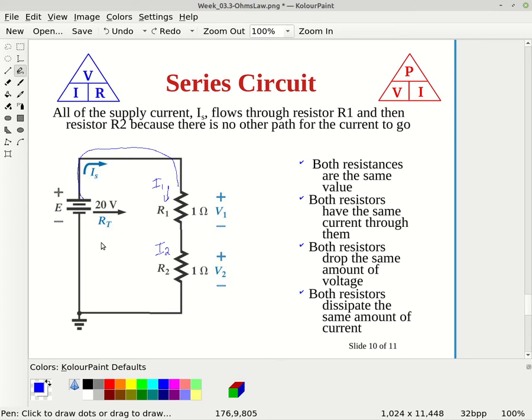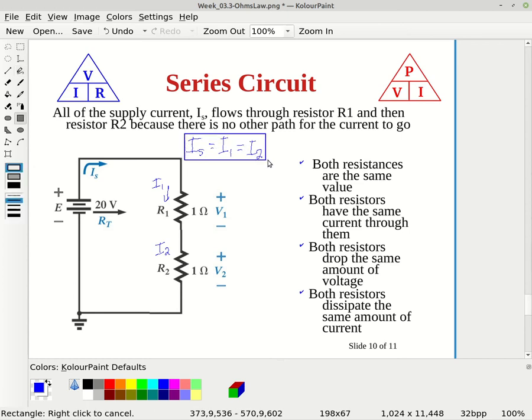Remember the current is the same everywhere, so the supply current I_S, or the series current, is equal to the current I1, which is equal to the current I2. So these three currents are all the exact same current because it is a series circuit.